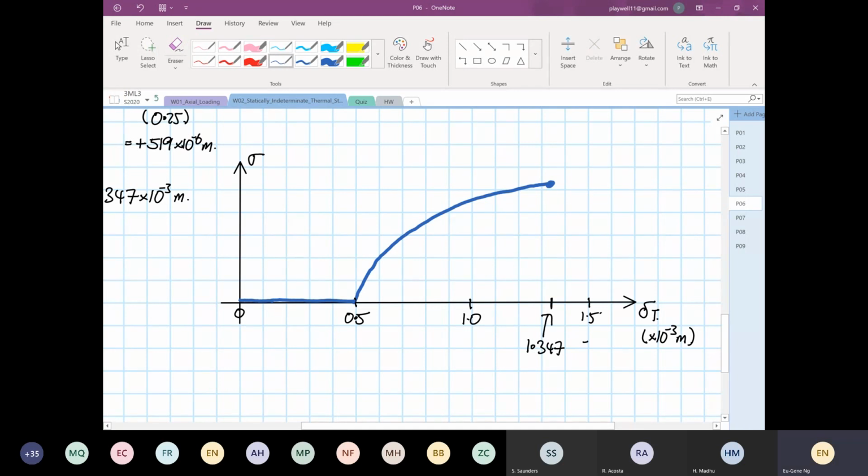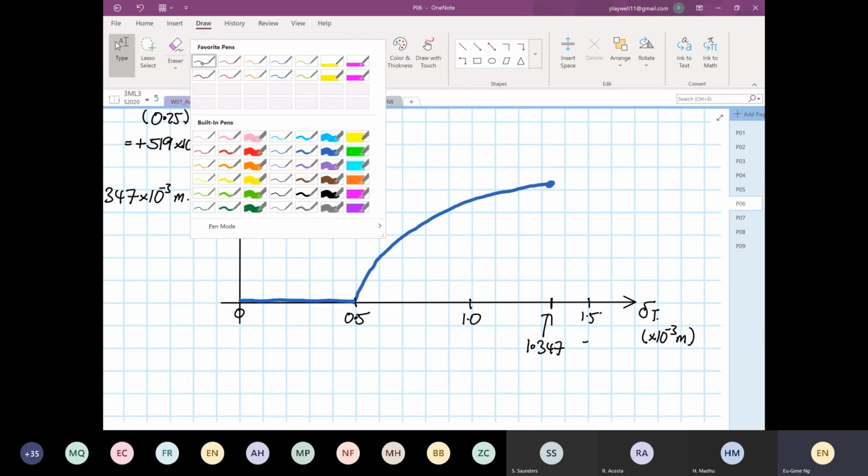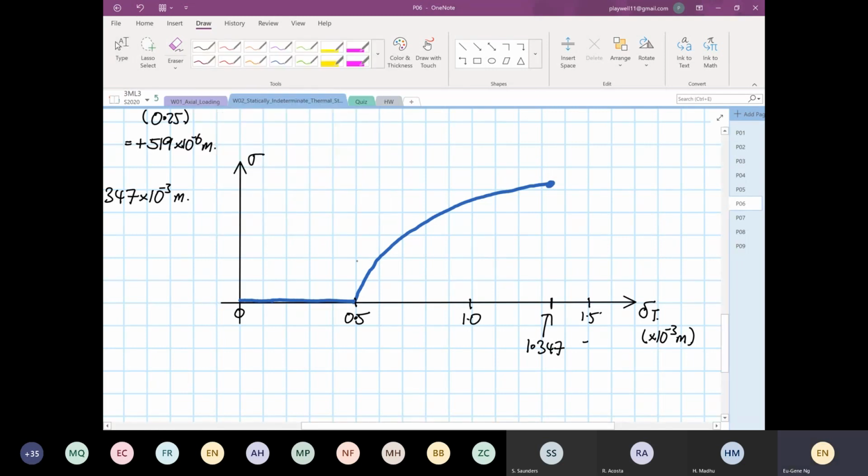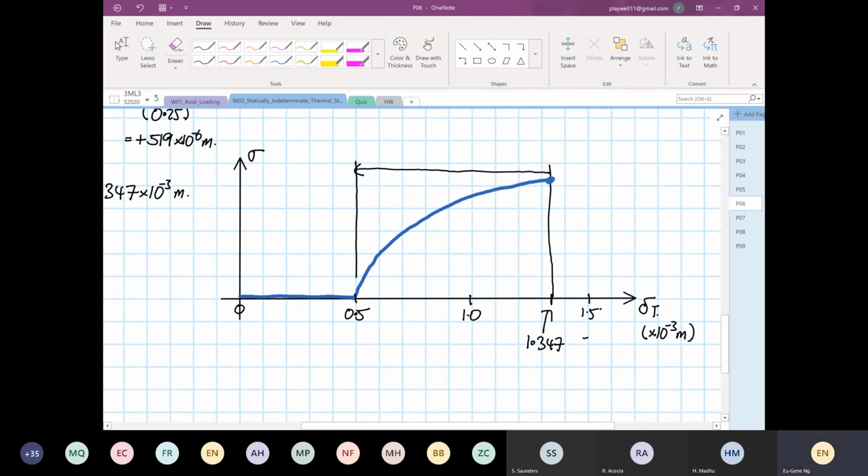So what I'm trying to say down here is this. The amount of deflection induced by heat that will induce stress is only this amount. From here to here, then you see stress induced by temperature change.